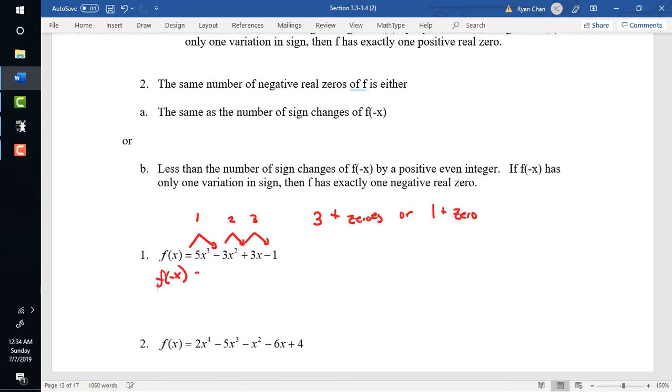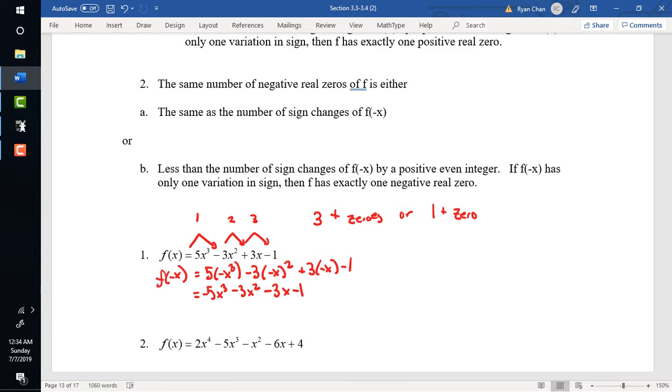So I'll do 5 times negative x cubed minus 3 times negative x squared plus 3 times negative x minus 1. So I have negative 5x cubed minus 3x squared minus 3x minus 1. Now if you notice here, it does not change sign at all.